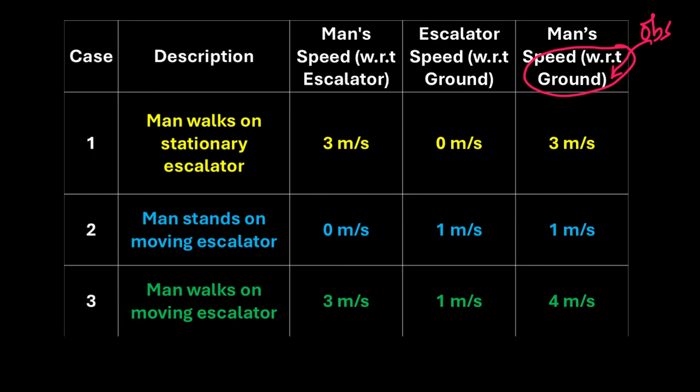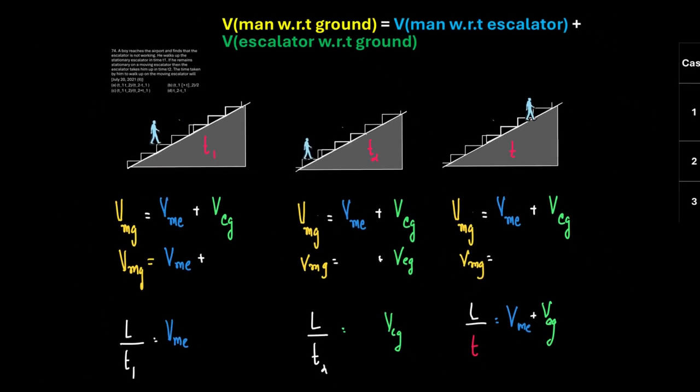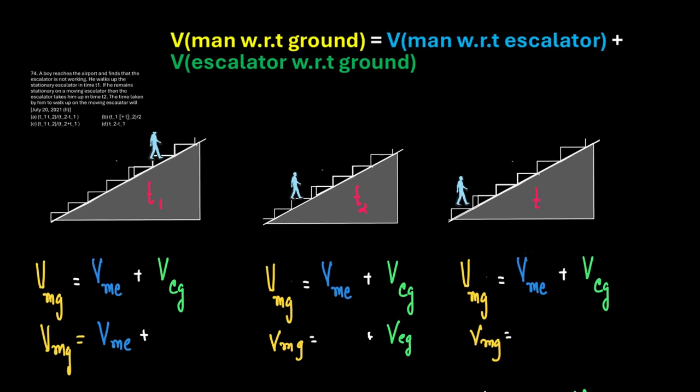Okay. Now coming into the actual question. So in this case, case 1, velocity of escalator with respect to ground is 0. Why is it 0? Because the escalator is stationary.